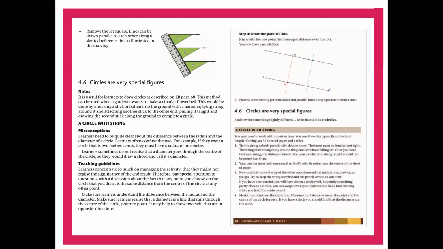Once you have drawn those two lines, you measure 90 degrees to draw the red line and 90 degrees to draw the blue line. Then you see that the distance between A and C is maybe 3 centimeters.